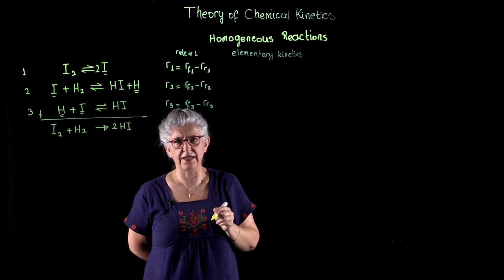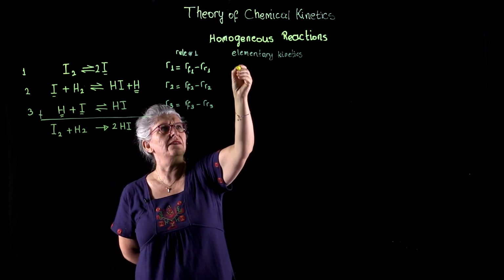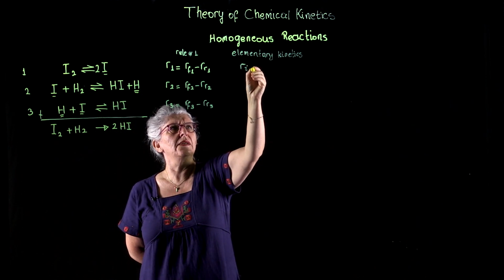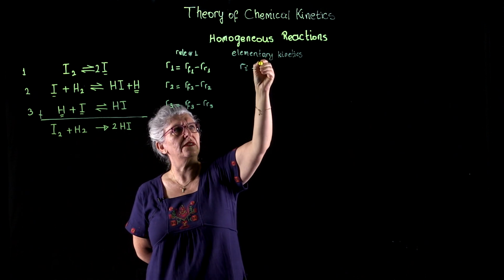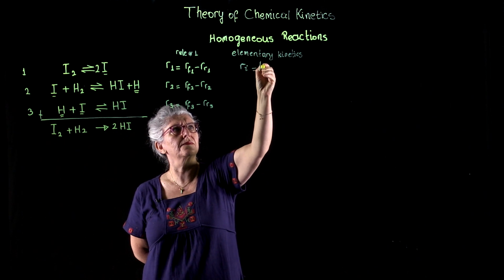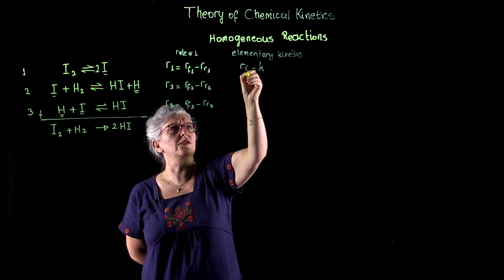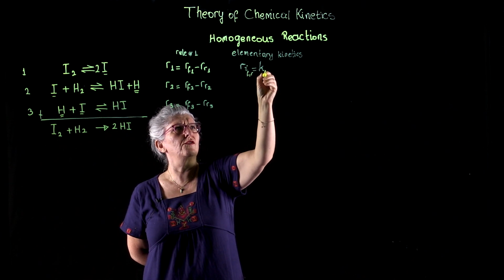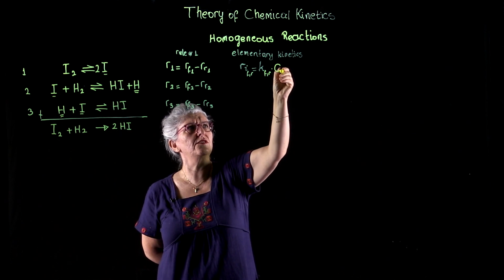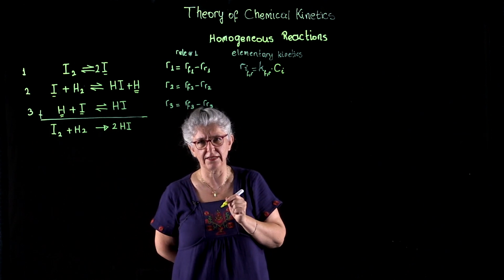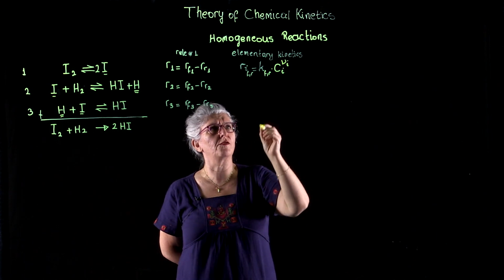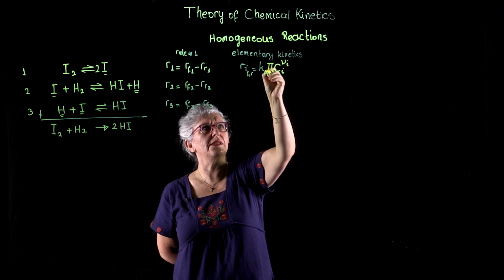The rule of elementary kinetics is such that the rate of an elementary step is equal to its rate constant k, let me call this forward or reverse, times the concentration of the species that are involved in that step raised to the power of their stoichiometric coefficients, and they are multiplied.